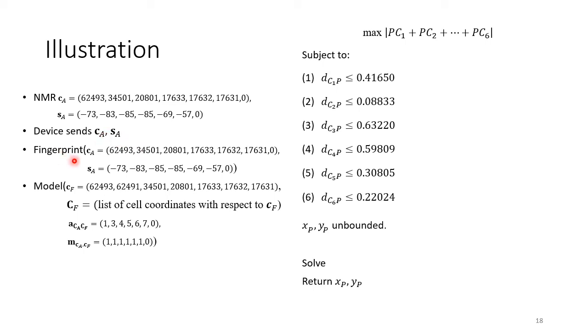The function fingerprint(CA, SA) returns the most similar vector to CA, that is CF, the coordinates of the cells with respect to CF, the alignment vector, and the matching vector.